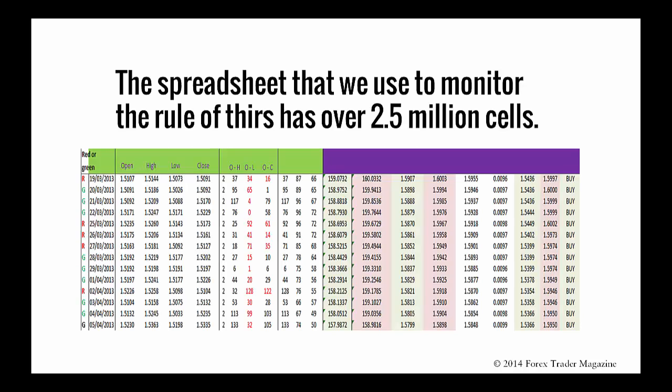Here is a small part of the spreadsheet that I used to develop the rule of thirds. And you can see it actually gets very large. At the count, which was quite some time ago now, we had 2.5 million cells, C-E-L-L-S cells, on this spreadsheet.